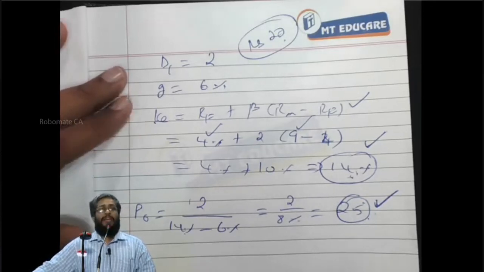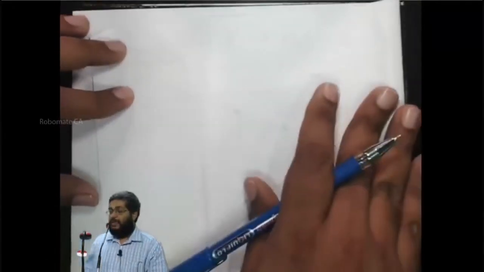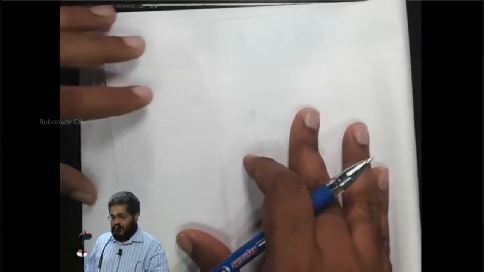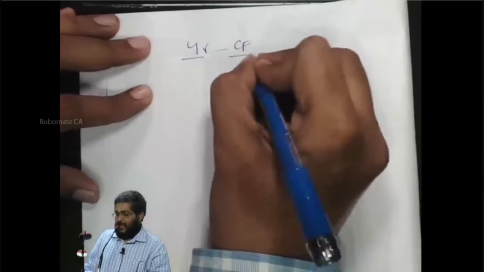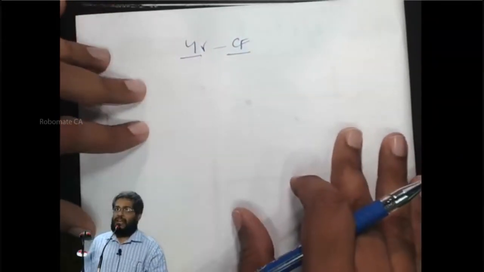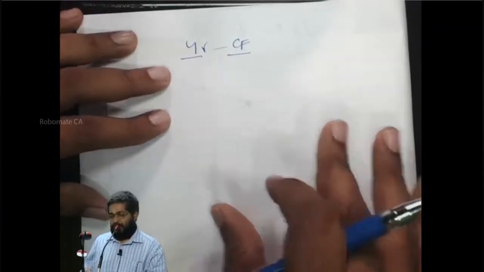Continue. If we buy the share at 20, the cash flows are as follows.